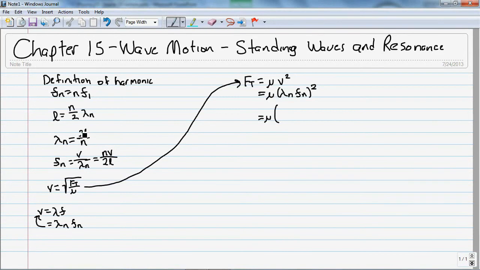And lambda is just 2L over n, times the frequency, and squared.